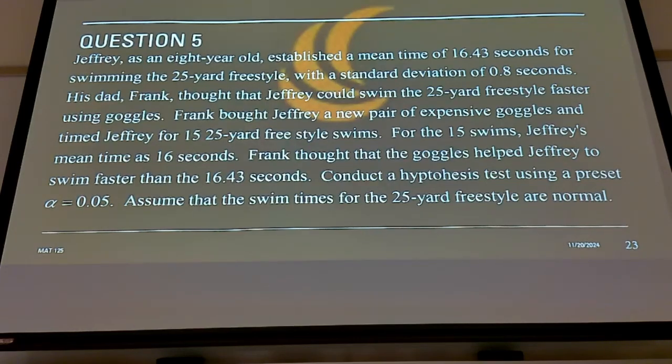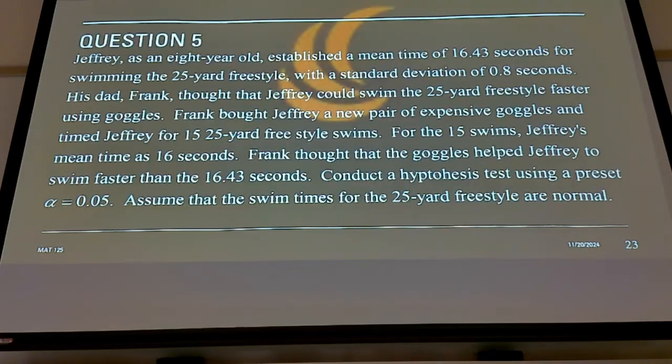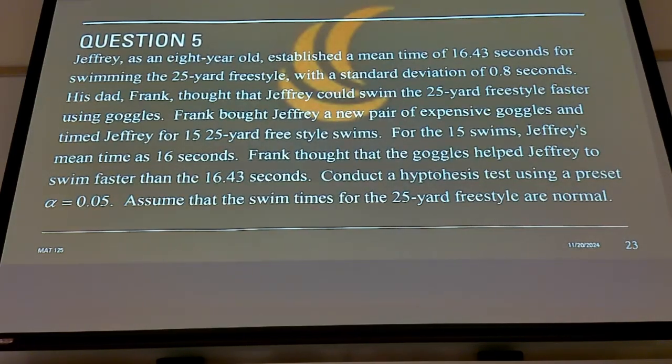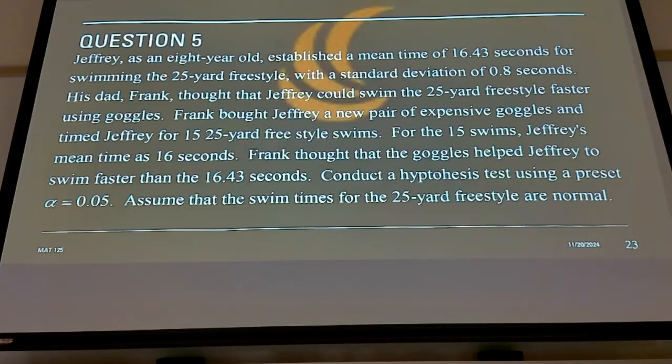For the 15 swims, the mean time was 16 seconds. Frank thought that the goggles helped Jeffrey swim faster than 16.43. Conduct a hypothesis test using a significance level of 0.05 to test whether that's the right conclusion.